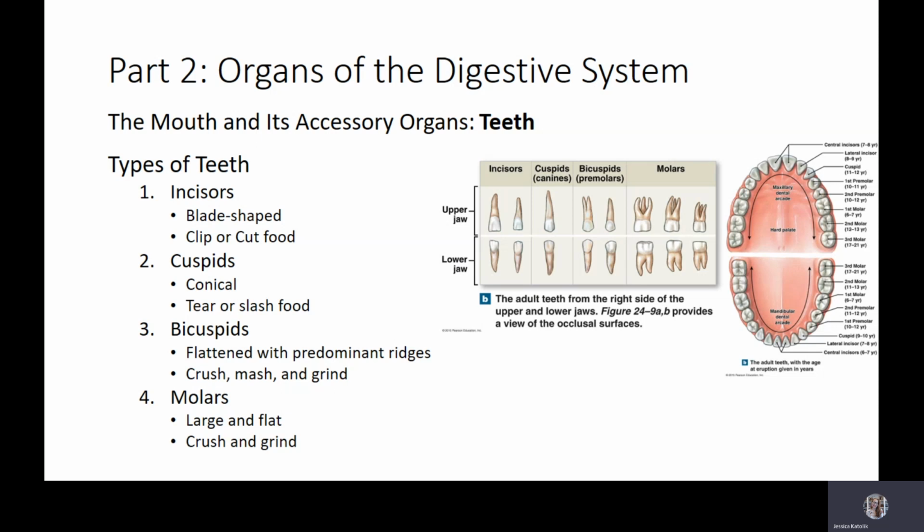And so for the most part, we don't have enough space in our jaws to have these third set of molars that would typically form between ages 17 and 21. So this is why many people have to get their wisdom teeth pulled out, so that their teeth are not crowded and they don't experience pain as they are coming in.